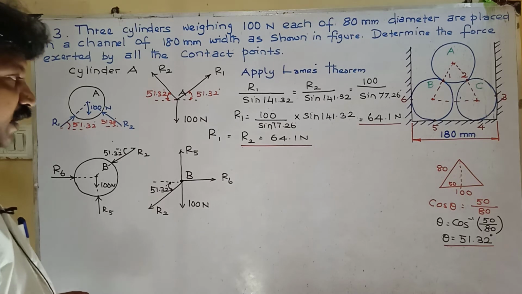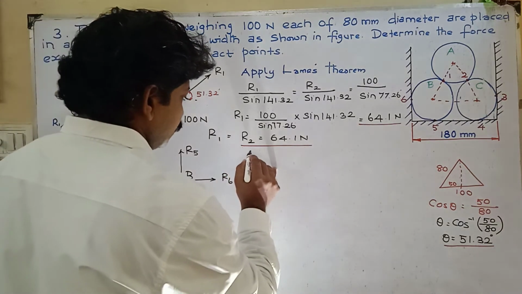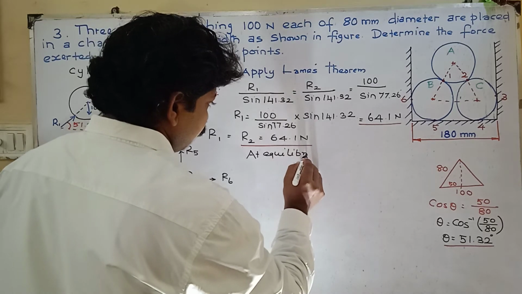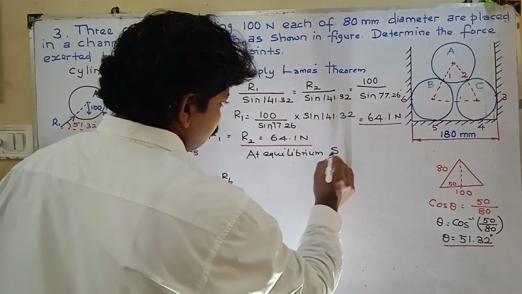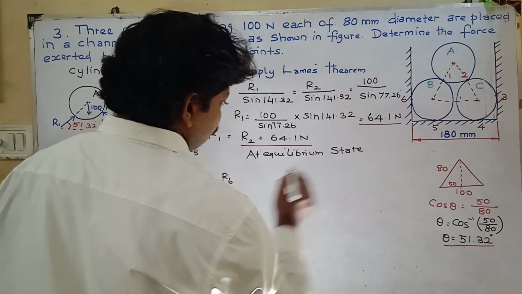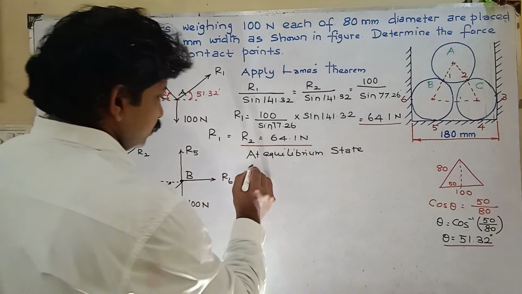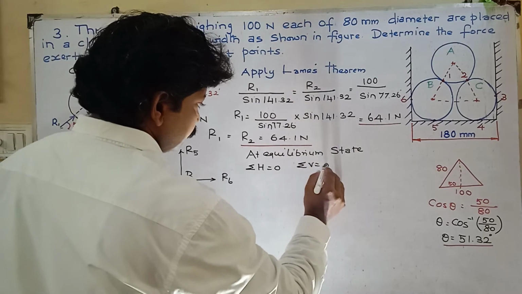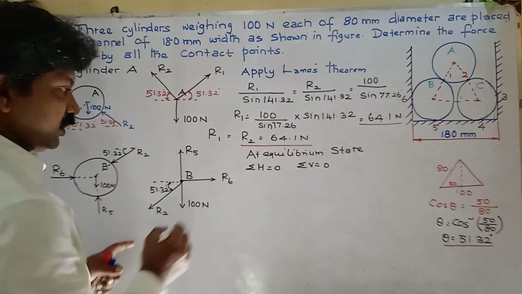Now at equilibrium state, sigma H equal to 0 and sigma V equal to 0. Apply sigma H equal to 0 first.